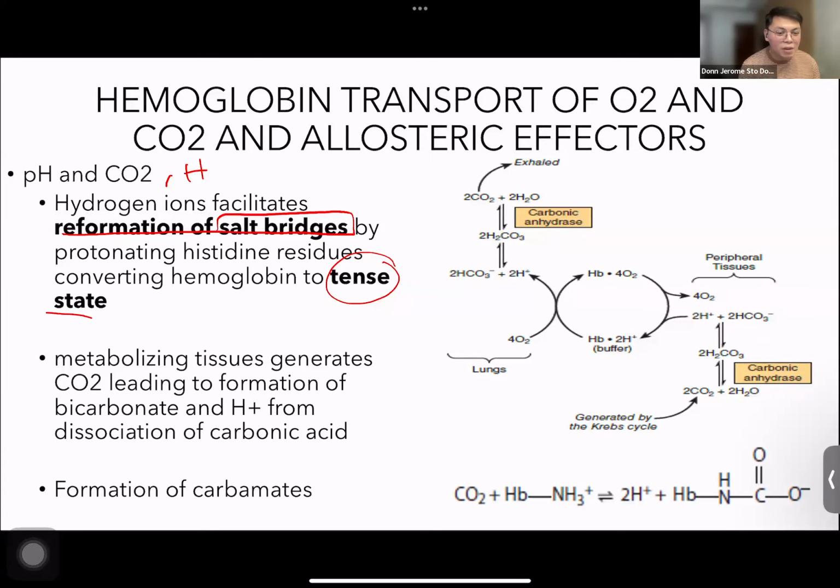Sabi natin kanina, actively metabolizing tissue would produce a lot of hydrogen ions, would also produce a lot of carbon dioxide. Tama ba? And product ba yan ng actively metabolizing tissues? Yes po, Doc.